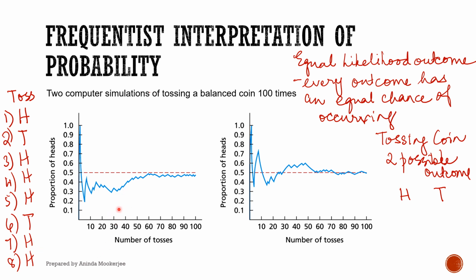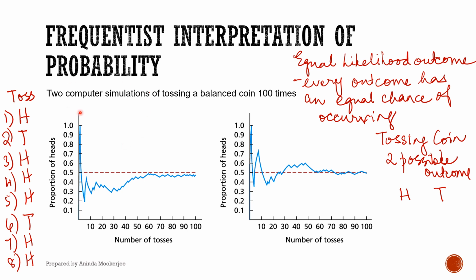You have to keep repeating maybe 100 times, and then you will see that the outcomes of heads and tails are evening out. It's getting even, in other words.